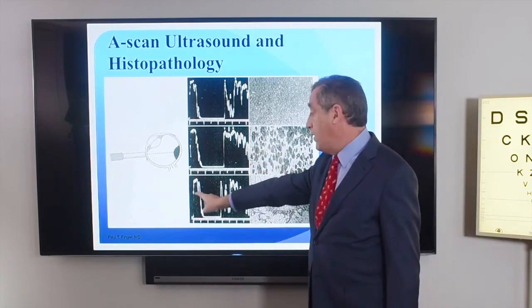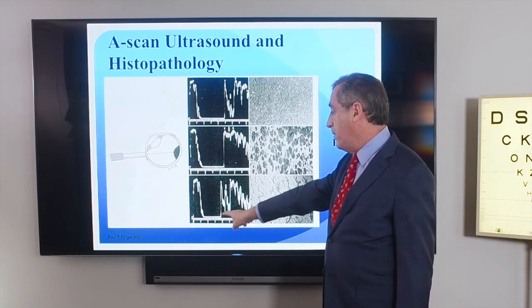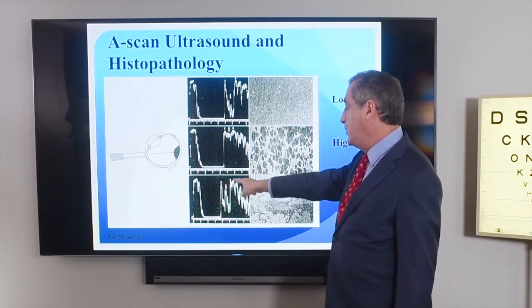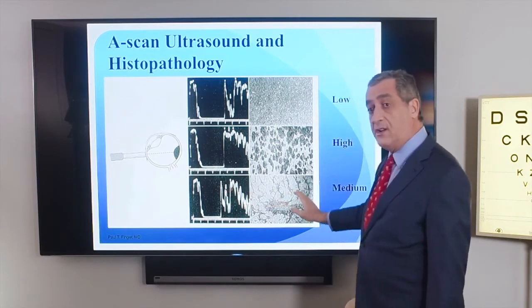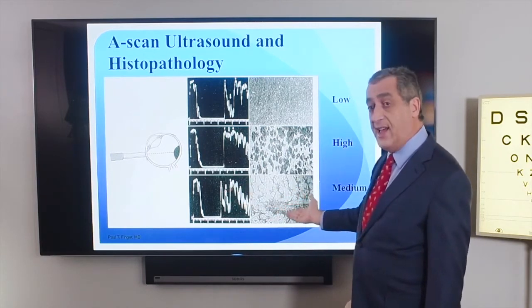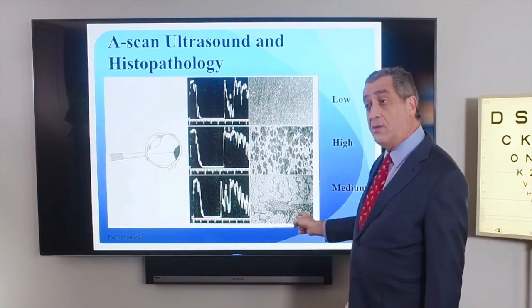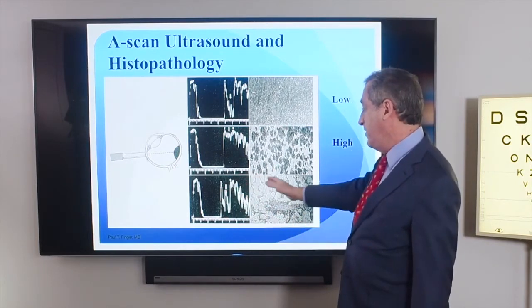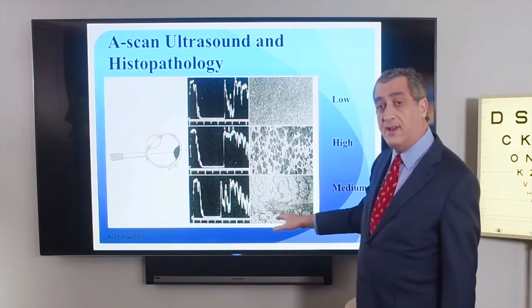Lastly, we have an example where we have the apex of the tumor and random spikes in between. This is classic for a metastatic cancer, where say, breast or lung has fibrous septae, which would be in the tissue causing those intermediate spikes.